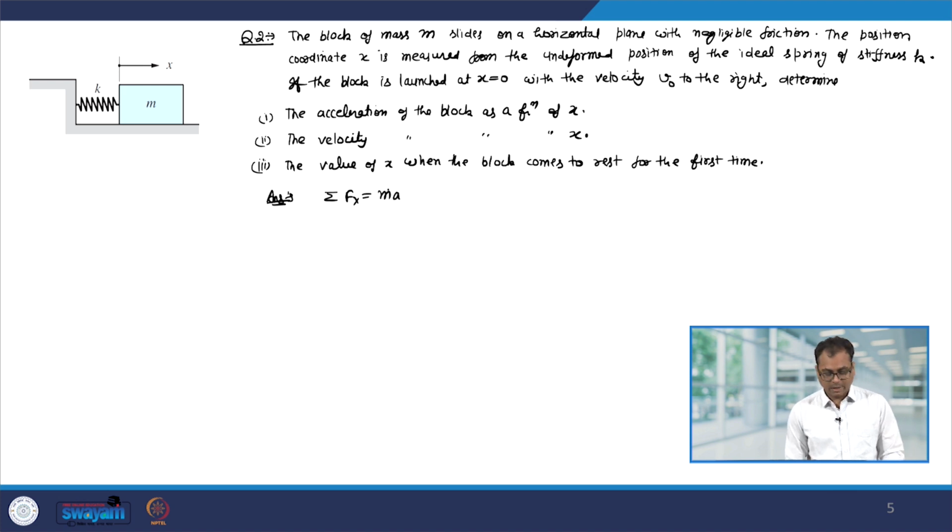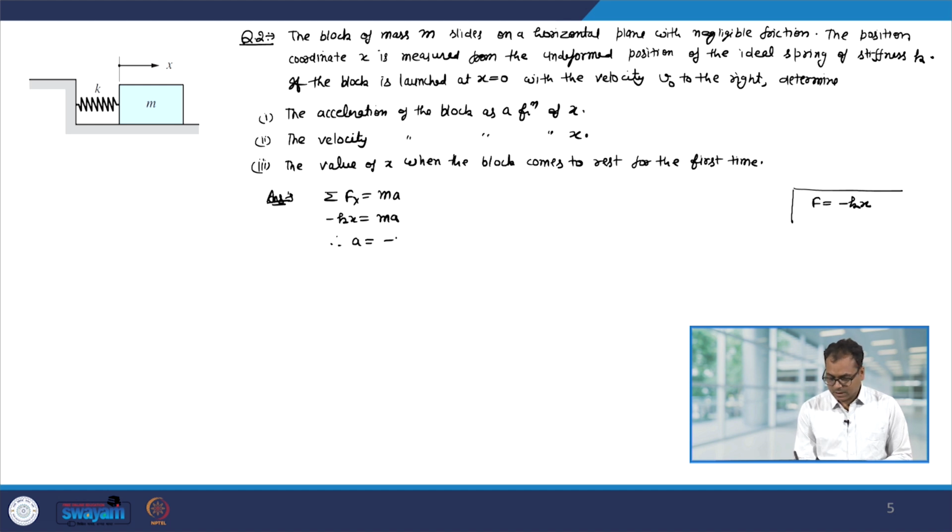So, let us say m a, and note that for a spring the force is equal to minus k times x, where x is the extension from the equilibrium and minus because it always opposes the extension. So, therefore, in place of f I can write down minus kx equal to m a. Therefore, the acceleration becomes minus k over m into x.